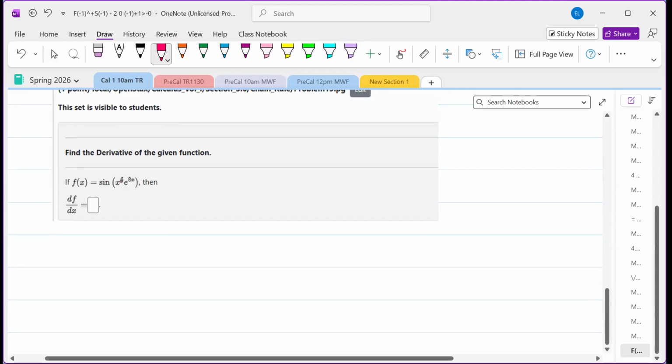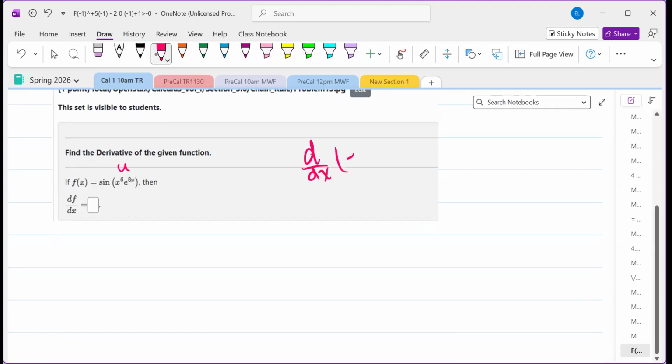All right, so this is sine of ugly. So my derivative of sine of ugly is cosine of ugly times the derivative of ugly.